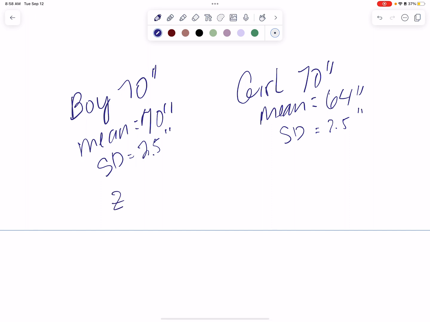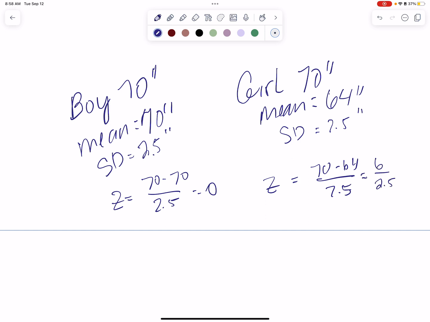So a boy's z-score, remember how many standard deviations it's away from the mean, is 70 minus 70 over 2.5, which is 0. A girl's z-score is 70 minus 64 over 2.5, which is 6 over 2.5, which you can see clearly is greater than 0. The boy is not considered tall, but the girl is, because the boy is comparing himself to other people of his same type.